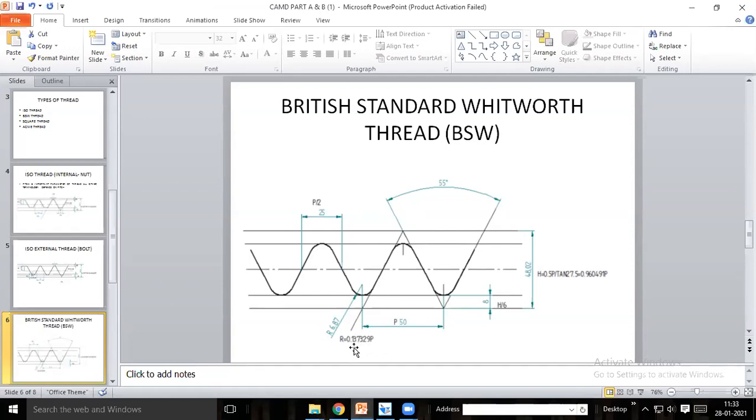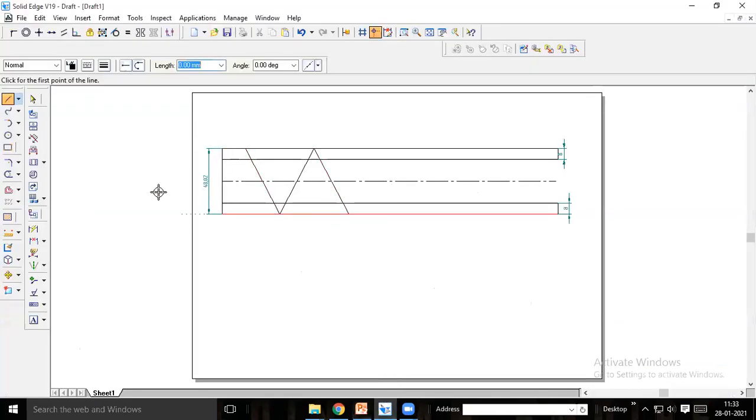If you calculate this, as I told you, the p value I have taken is 50. 0.137329 into 50 will give 6.87. So 6.87 radius you have to take. Is it clear? Here you see, from where you have to take 6.87.